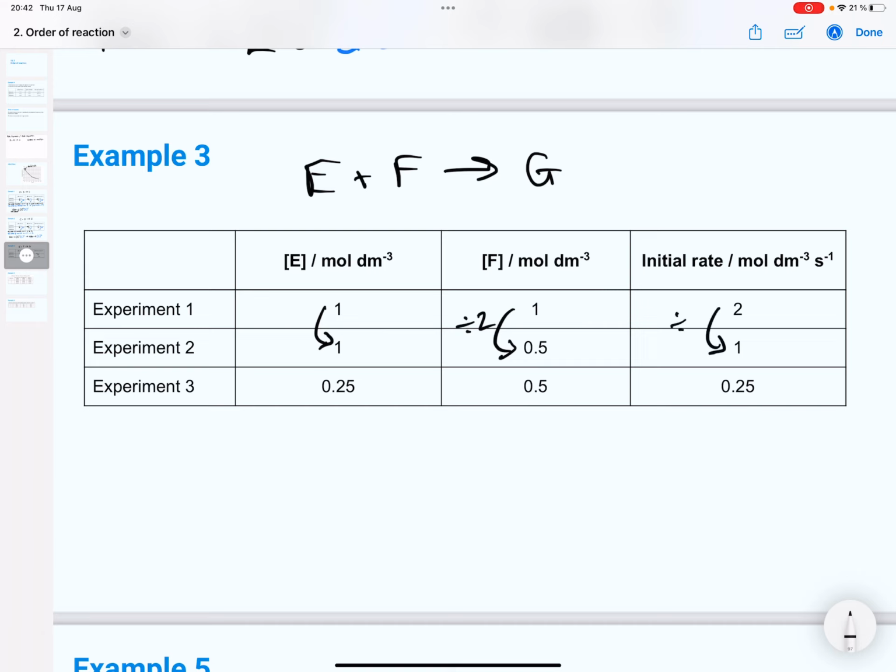So you're going to be asked now, which order of reaction is this with respect to F? Well, if F divides by 2 and the initial rate also halves, the order of reaction with respect to F is 1. It's first order. It's exactly the same.